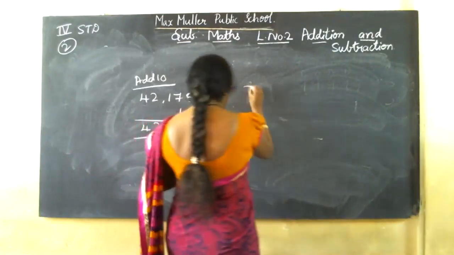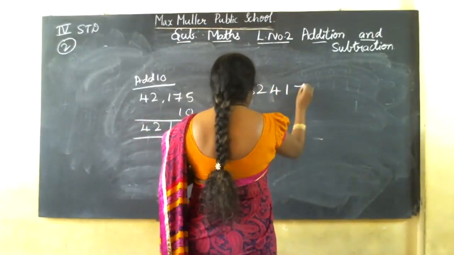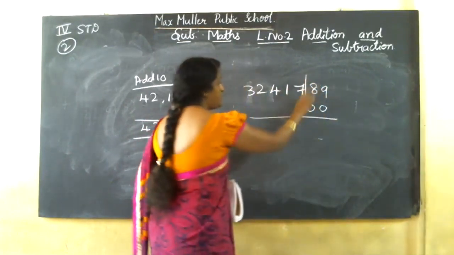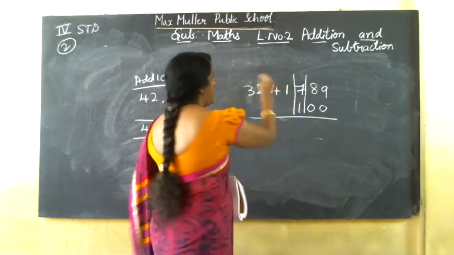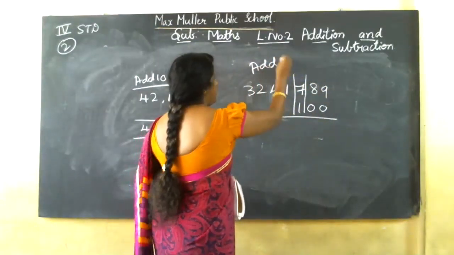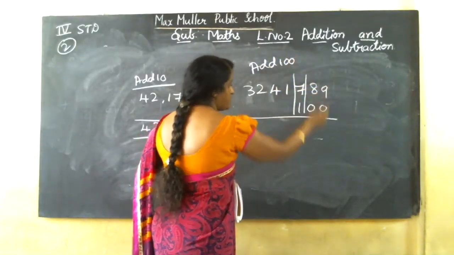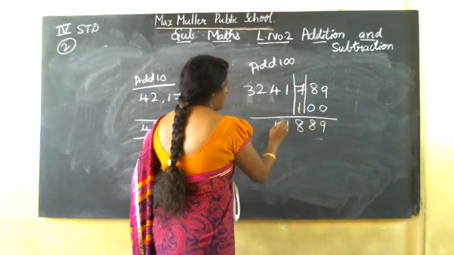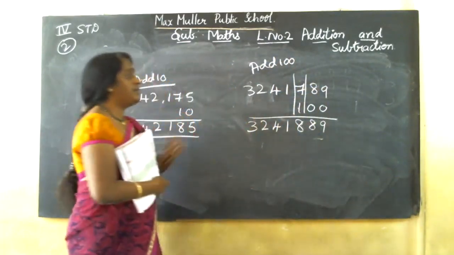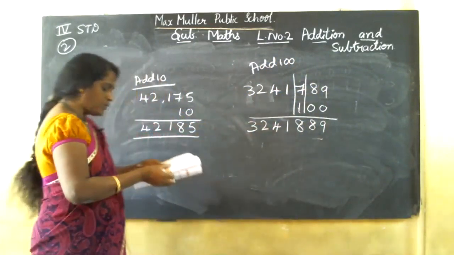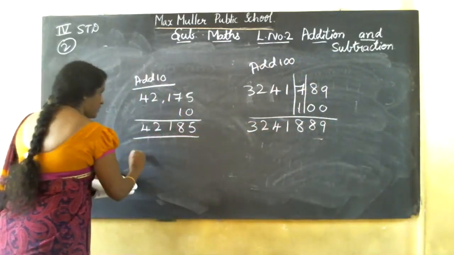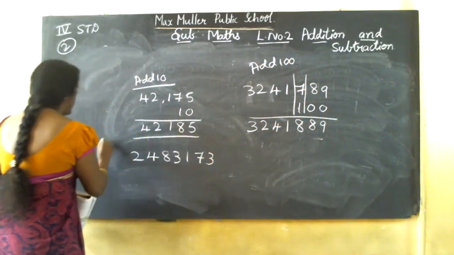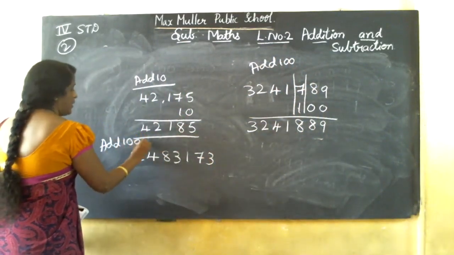See here, next is 3, 2, 4, 1, 7, 8, 9. When we add 100, only the hundreds place will be increased. The other places will be the same, only the hundreds place changes. When we add 1000, see here, 2, 4, 8, 3, 1, 7, 3.